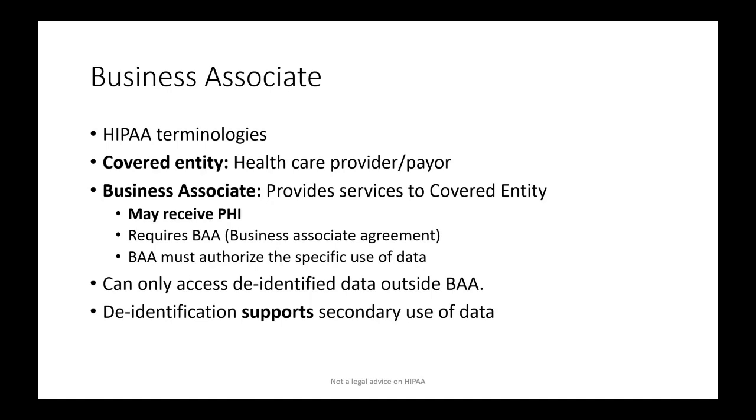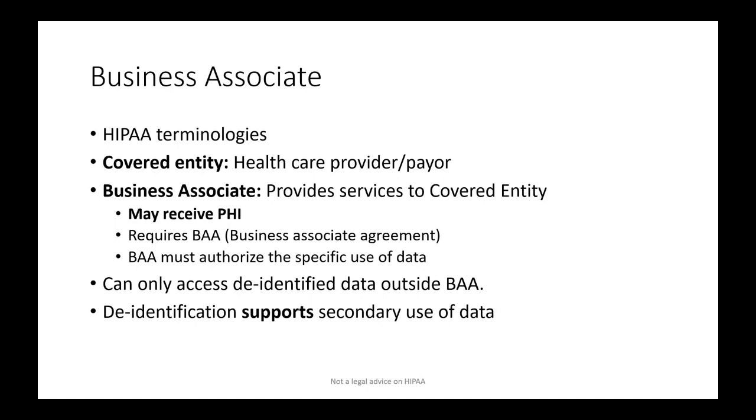So let's say you are a researcher or you are doing some analytics of the data under a BAA. There is something called a BAA, that's a business associate agreement, that a covered entity may have with you as a researcher or as an organization. So the covered entity may give you access to PHI under a BAA, right?